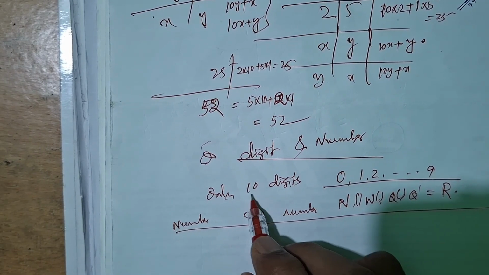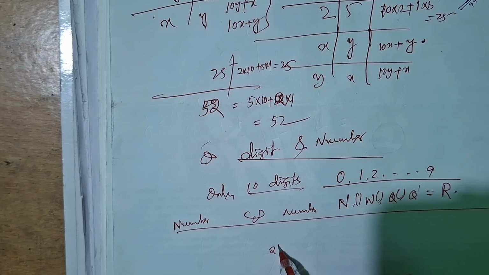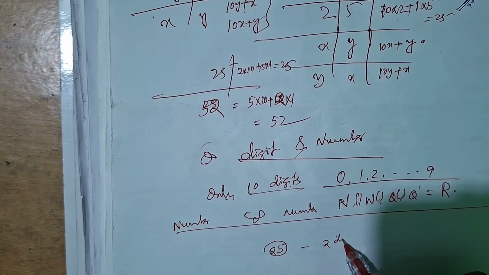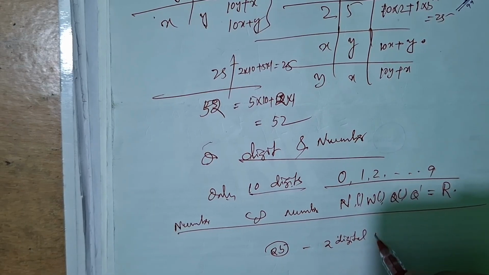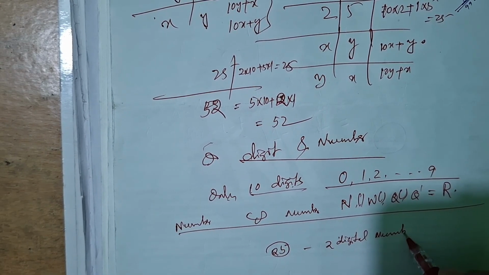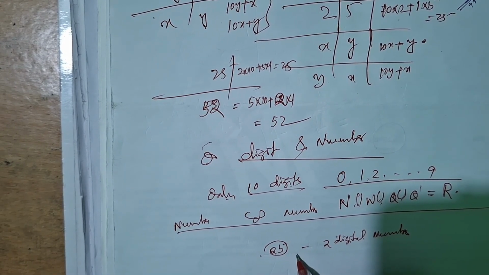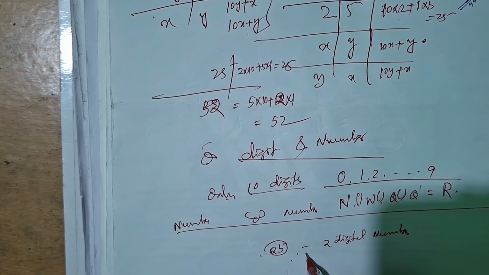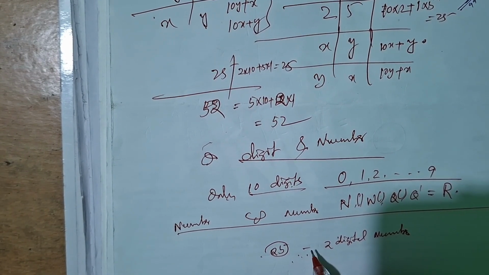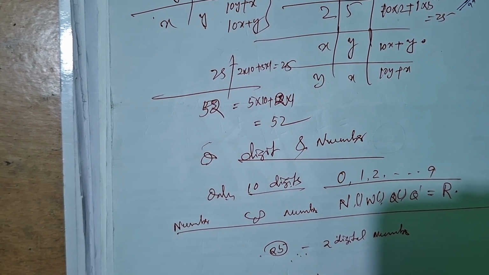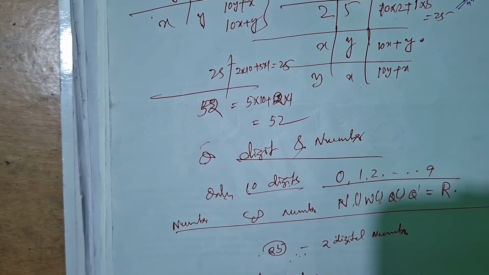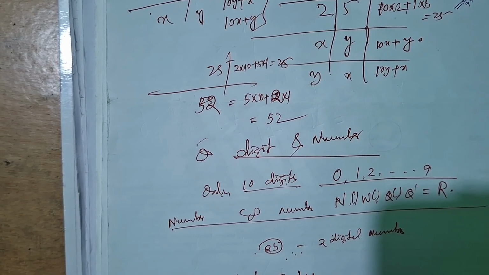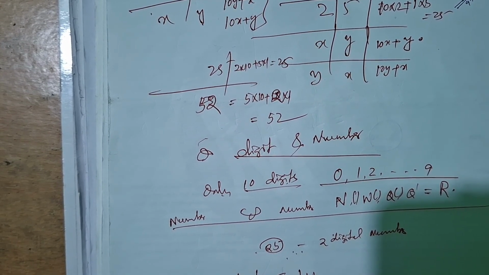But if you take a digital number, suppose 25, it is a 2-digit number, which means it has 2 digits. When we express a number, in one place we can put only 1 digit: unit place, tens place, hundreds place. You cannot write 25 in the unit place. Only 1 digit will be there.